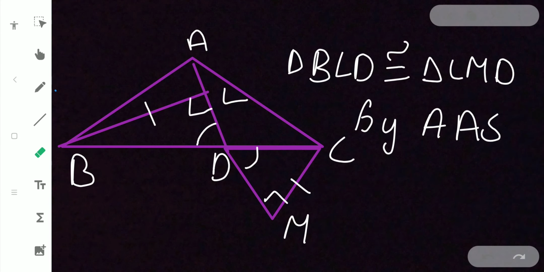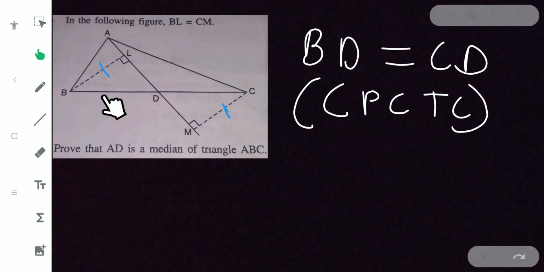Now let us do the same here. As BD is equal to CD by CPCTC, this line is intersecting at its center point. So when it intersects through the center, we call it a median.